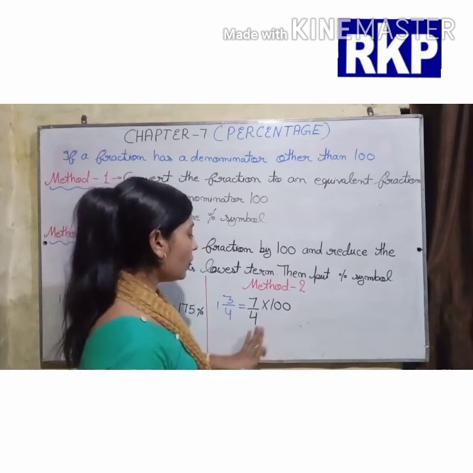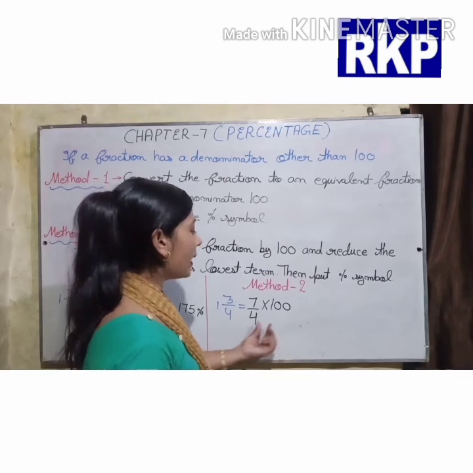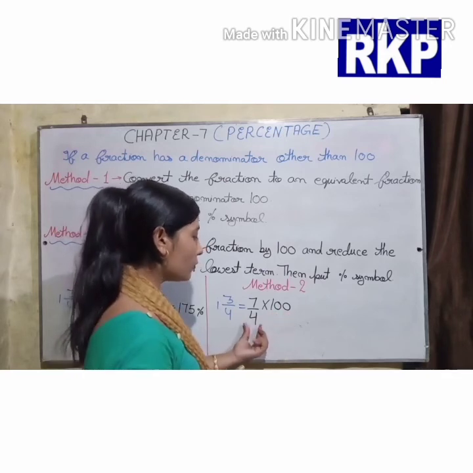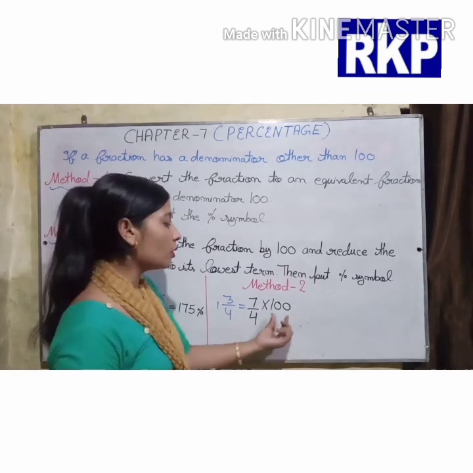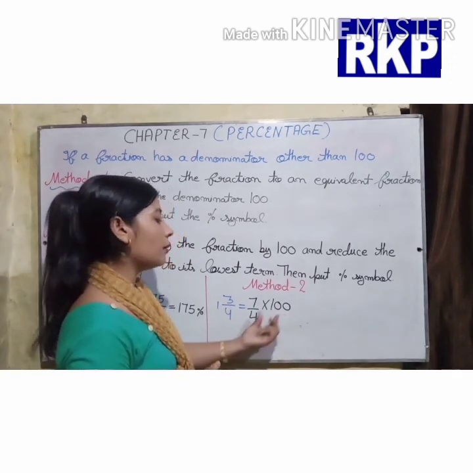So we know that both are divisible by 2 and by 4 also.